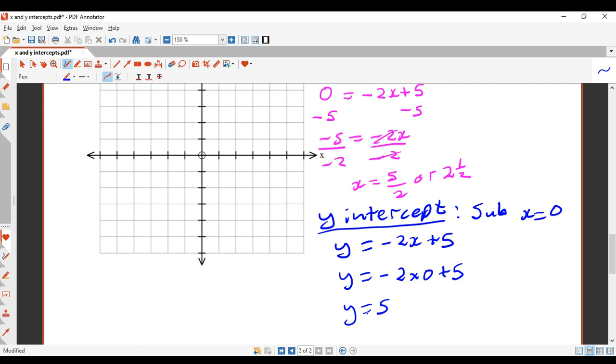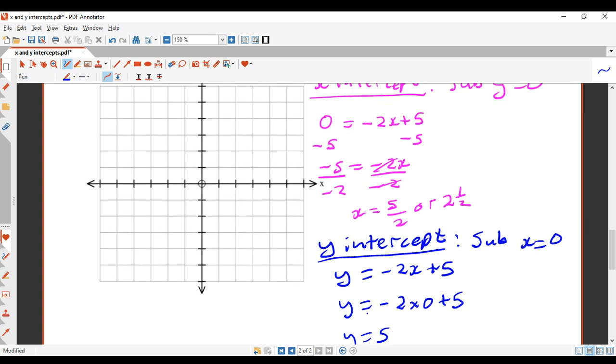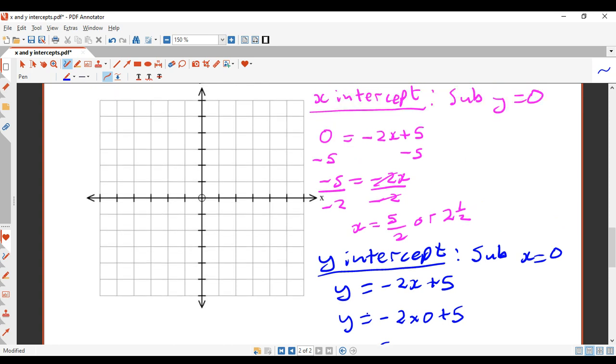Now, if you look at those values, x's are going up by halves. So I'm going to use a scale of halves on the x-axis. So I'm actually going to go a half, 1, a half, 2, half, 3. That way I can plot 2.5 exactly.